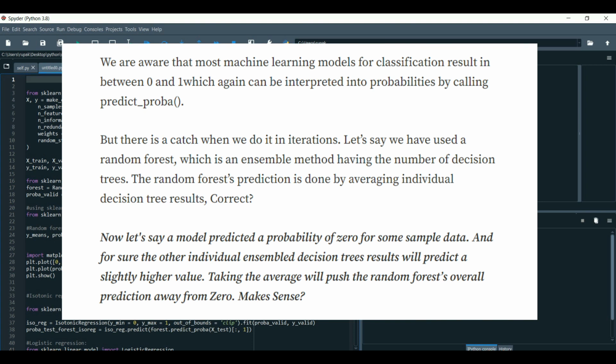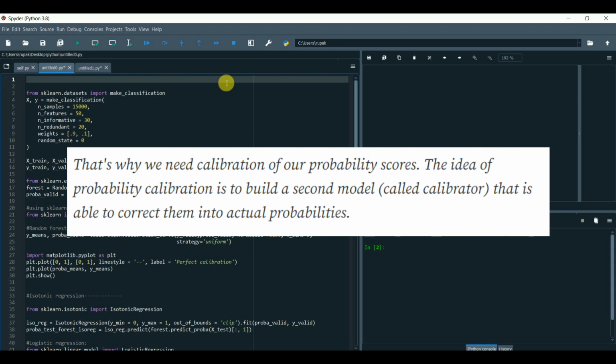Now, let's say a model predicted a probability of 0 for some sample data, and for sure the other individual ensemble decision trees will predict a slightly higher value. Taking the average will push the random forest overall prediction away from the 0. Make sense? That's why we need calibration of our probability scores.